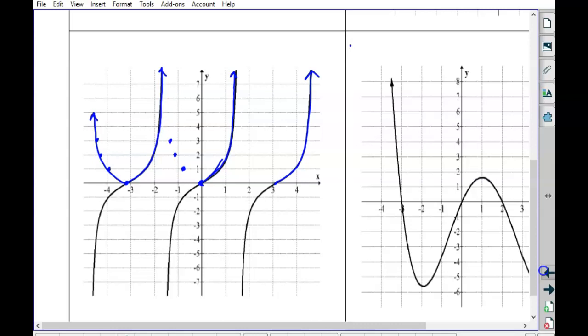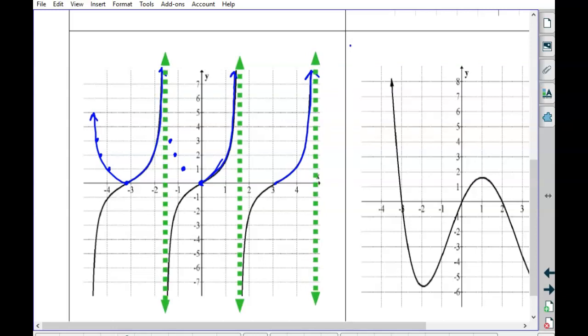What happens in these graphs is they have asymptotes. So really, you haven't done a lot of trig graphing, but there's an asymptote there, and then there's an asymptote here, and then there's an asymptote here.